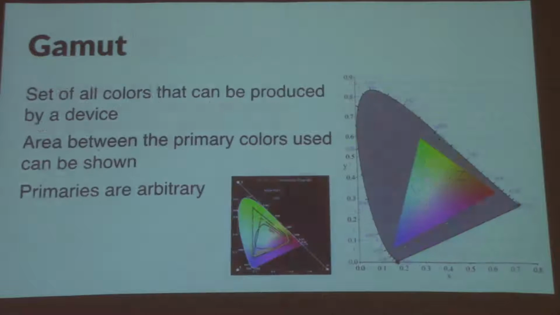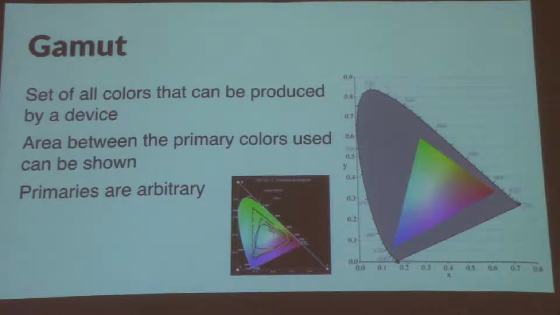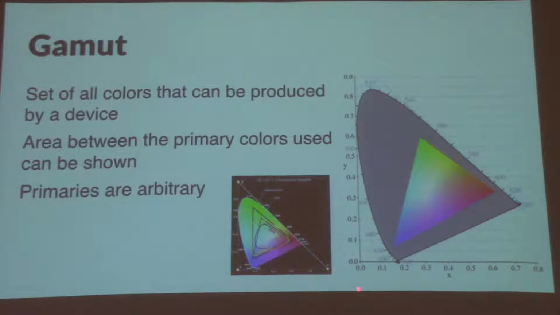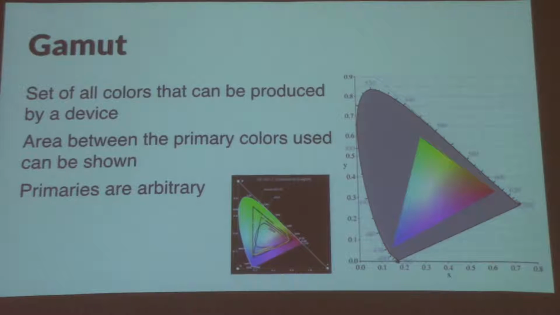This is important for us to understand because this is how screens work. A typical computer screen has red, green, and blue pixels, and the green pixel, the blue pixel and the red pixel have to be situated somewhere within this gamut. So your computer screen cannot actually show the full spectrum of colors.